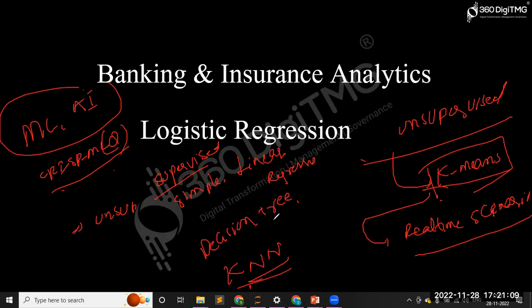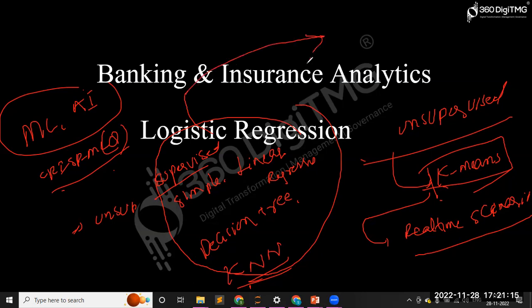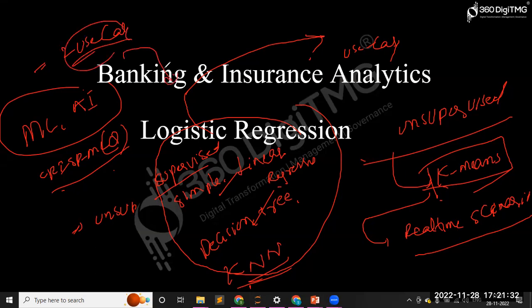We applied these supervised models in use cases. For each and every model we took a use case; for the decision tree we took 2 use cases and saw how to apply it in a real-time scenario. These are the things we have discussed till now.